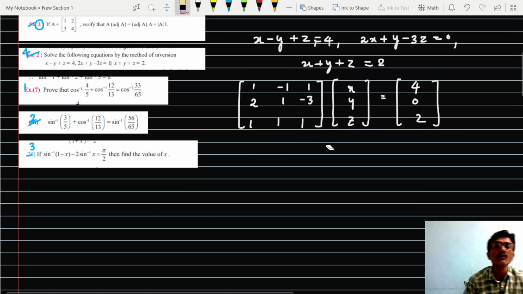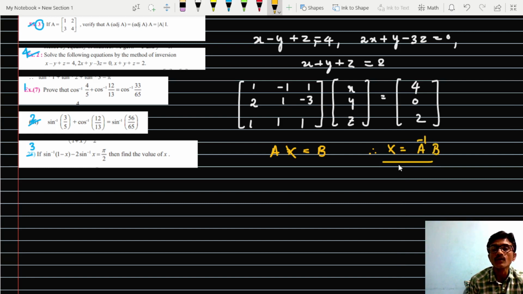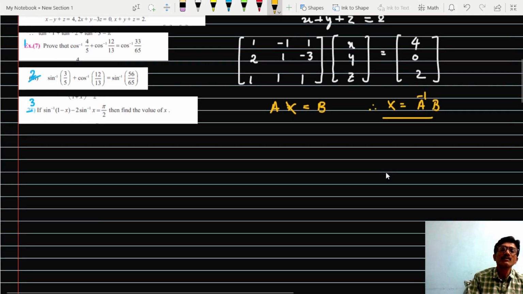This matrix is A, the matrix of coefficients, this is matrix X and this is matrix B. So it is of the form AX is equal to B. Therefore matrix X required will be A inverse into B. So we have to find the inverse of matrix A, and we will find that by using the adjoint method.